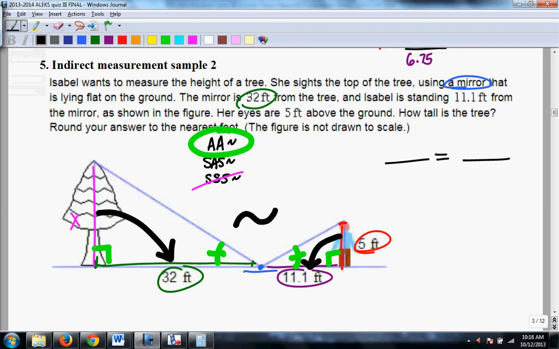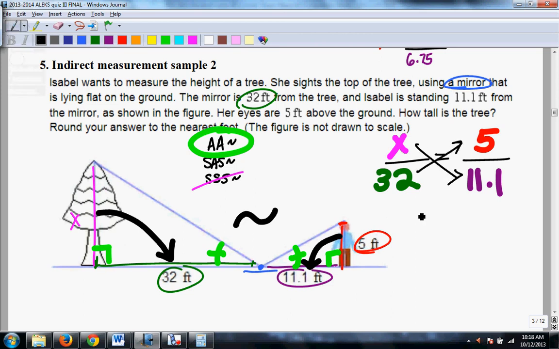Again, it doesn't matter which direction you start with as long as you're consistent in the second direction you use, as long as it mirrors. I'm going to use the top to bottom method this time, so I'm going to have x over 32. So that's height over shadow equals height over the shadow, 11.1.